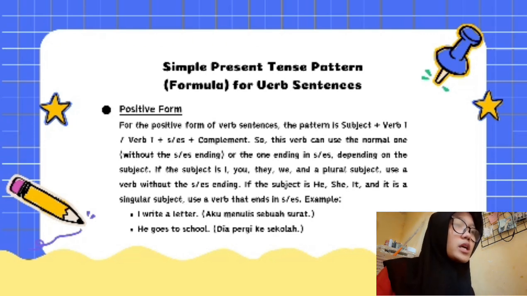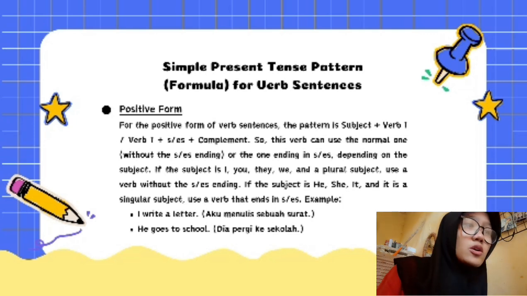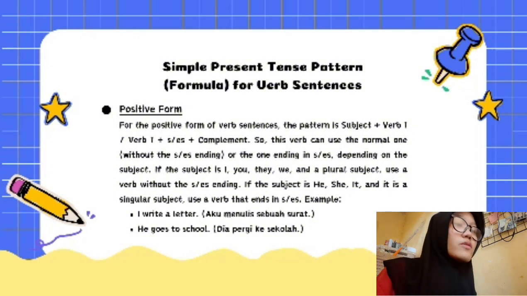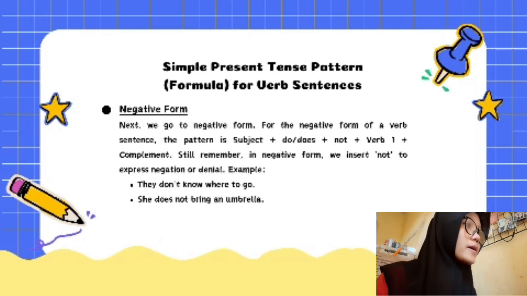If the subject is I, you, they, we, and a plural subject, use a verb without the S/ES ending. If the subject is he, she, it, and it is a singular subject, use a verb that ends in S/ES. Example, I write a letter. He goes to school. Like that.